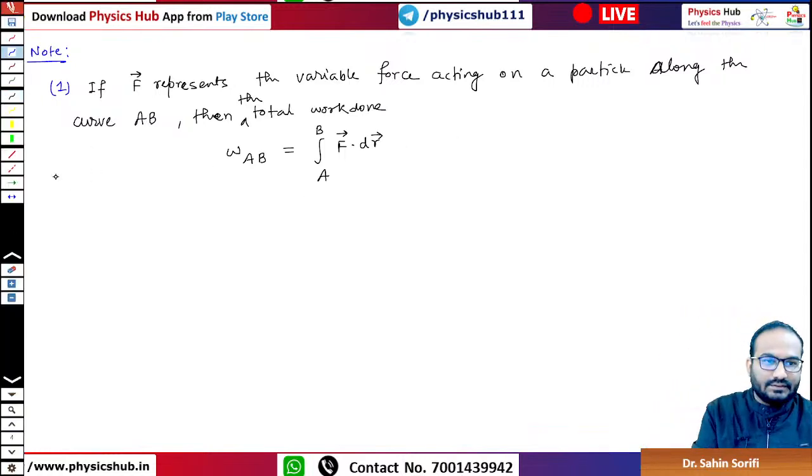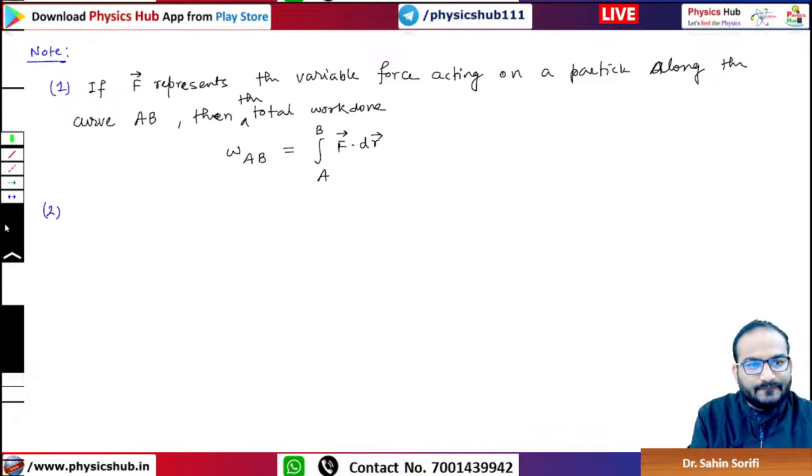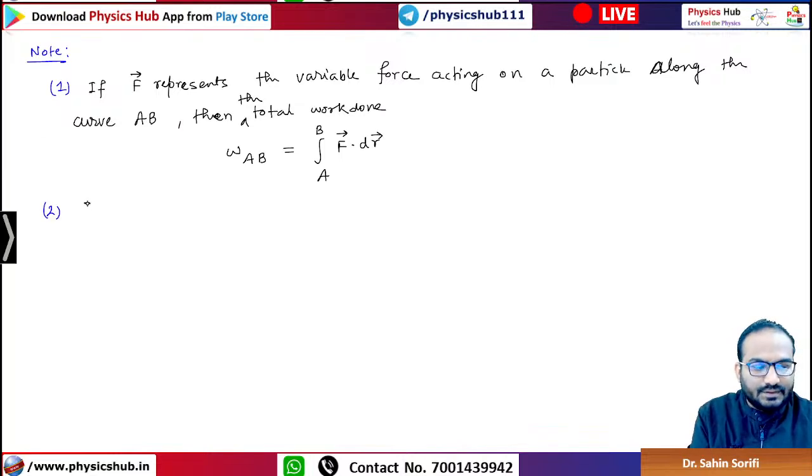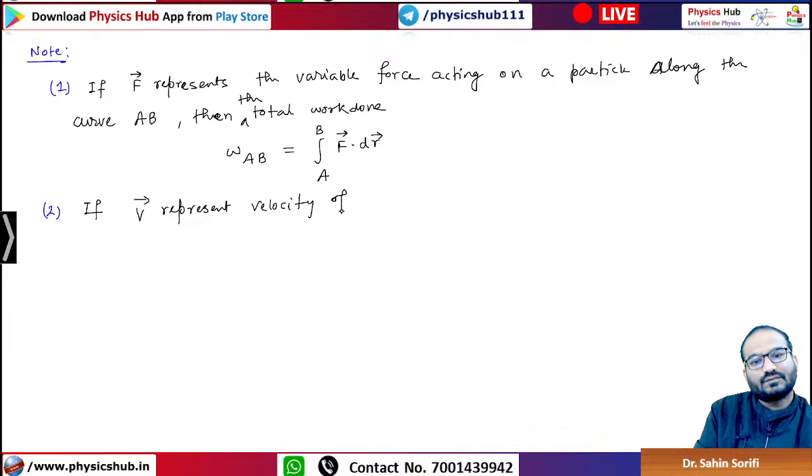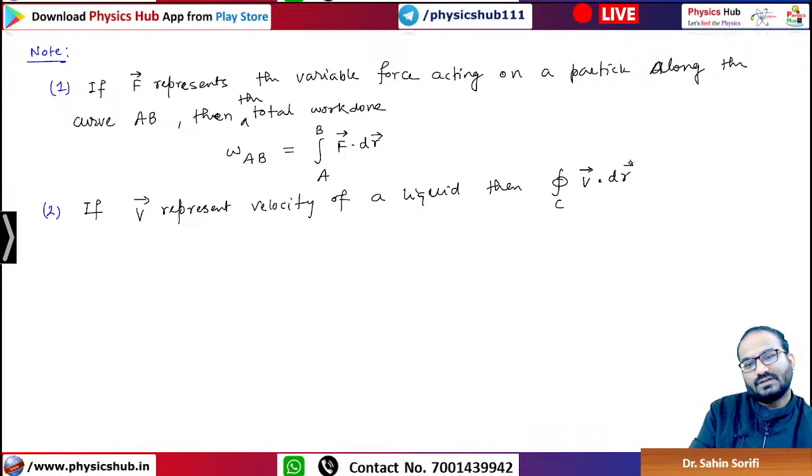Another case we can consider: if, let's say, V, a vector, represents the velocity of a liquid, then what will this integral of V dot dr represent?